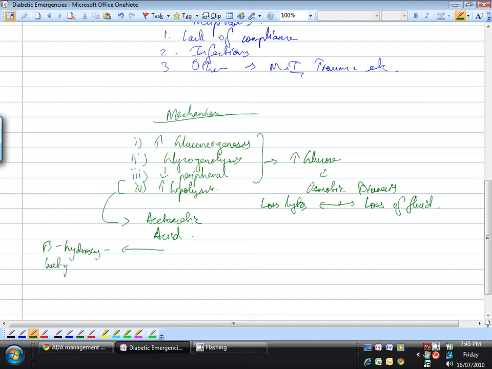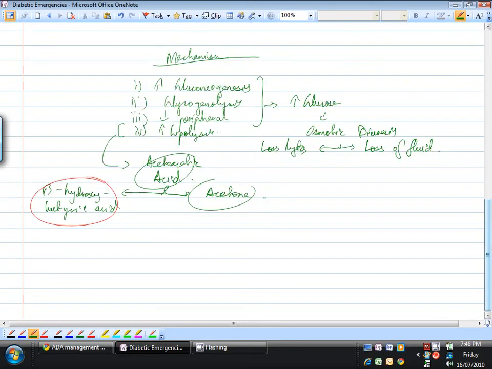It does not detect beta hydroxybutyric acid. So your nitroprusside test can be falsely negative. If you find that your nitroprusside test is negative and you do suspect DKA or HHS, a simple thing to do is add hydrogen peroxide, which converts your beta hydroxybutyric acid to acetoacetic acid, and therefore makes it detectable.